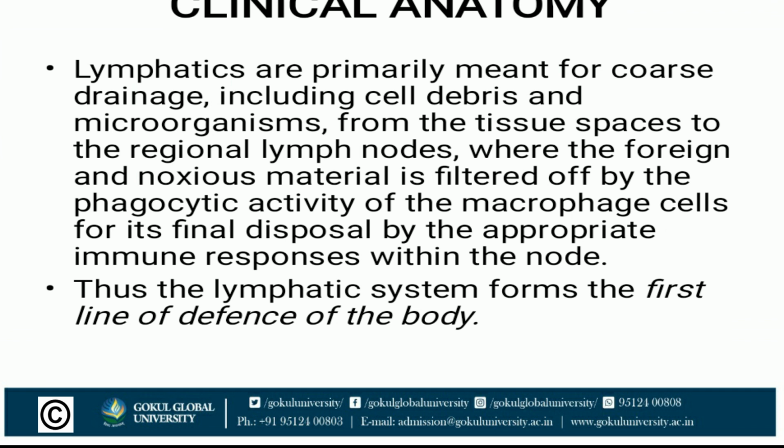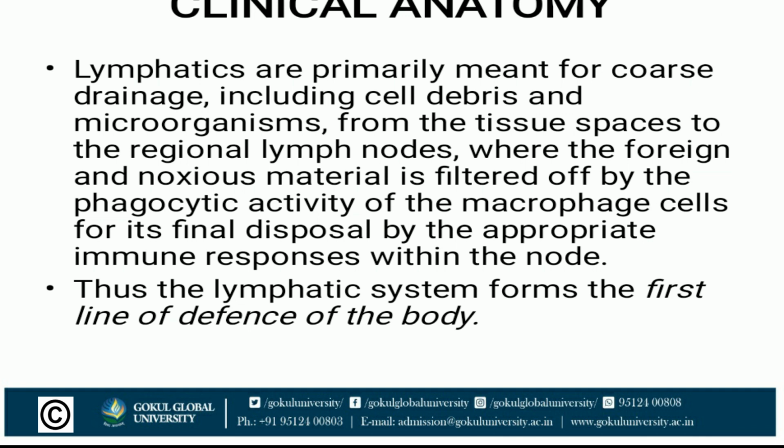Now we will see the applied aspect of the lymphatic system. Lymphatics are the primary means of drainage, including cells, debris, and microorganisms from the tissue spaces to the regional lymph nodes, where the foreign and noxious material is filtered off by the phagocytic activity of the macrophage cells for its final disposal by appropriate immune responses within the node.